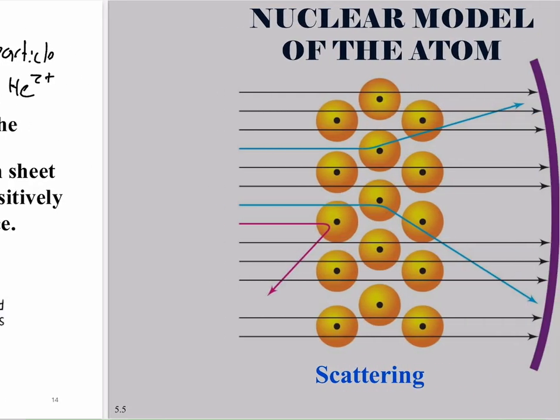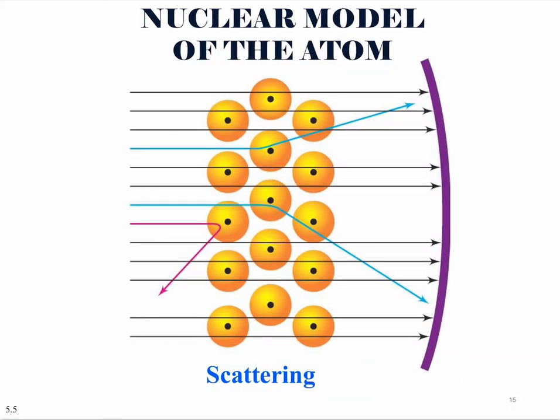So some of the alpha particles were being scattered. What this said is that the majority of the space in the atoms, if most of them are going through, has to be largely empty, right? So there has to be mostly nothing there, except very infrequently we're hitting something that's very dense, dense enough to actually deflect these charged particles.